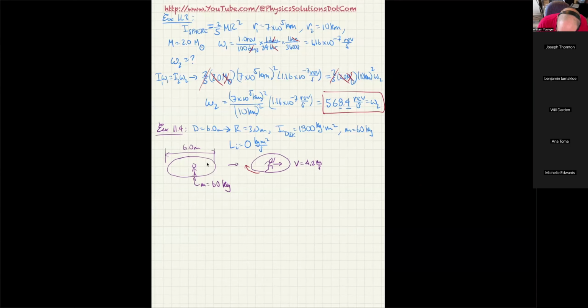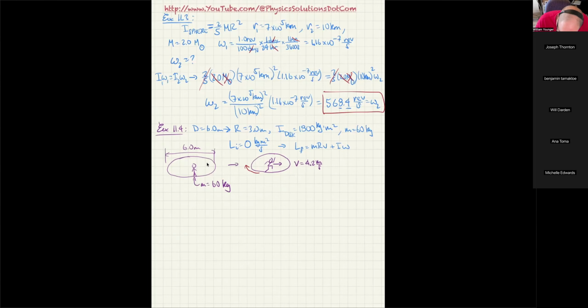But when they start running, what we have is L final is equal to the mass of the person, which is little m, times the radius, that's how far away he is, times the velocity that he has, the lowercase v, plus the moment of inertia of the disk times the angular velocity of the disk. Okay, so now I can set the two equal to each other.